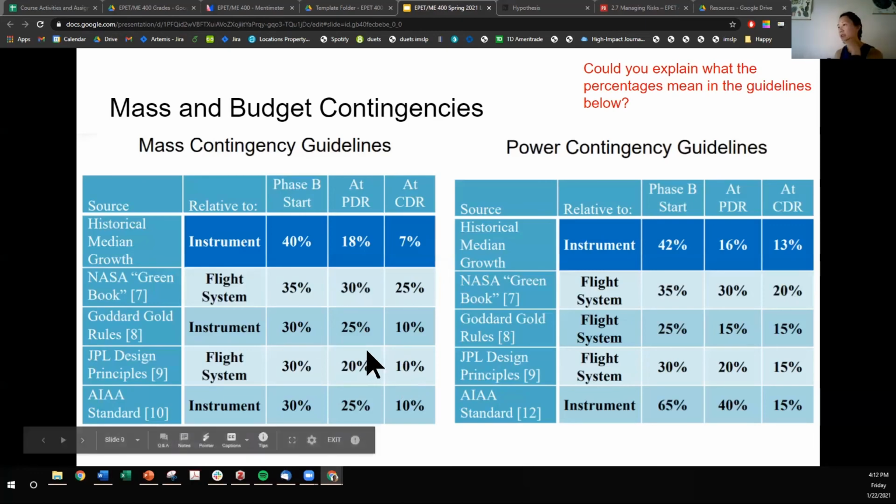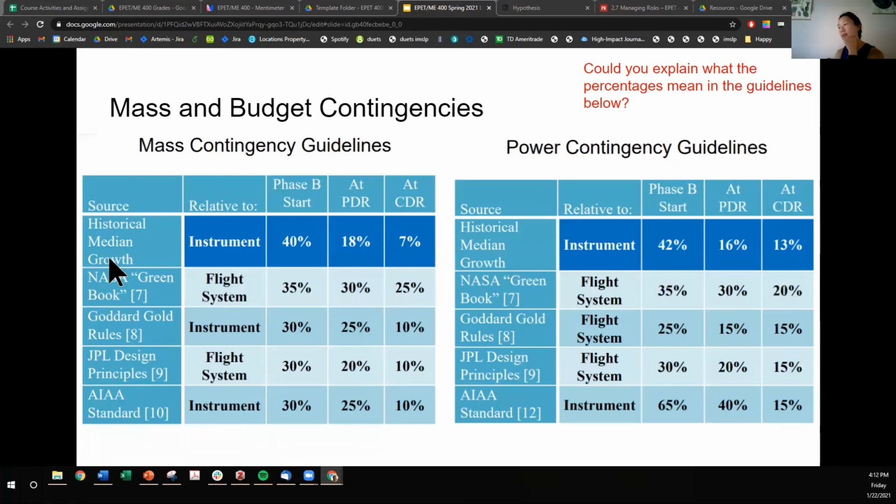What I want to mention here is that these are guidelines, these rows down here, but the Aerospace Corporation conducted a study looking backwards at the way that satellites and instruments were actually built, not just theory.